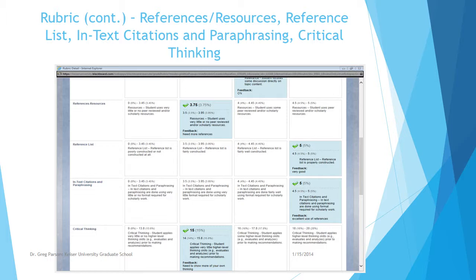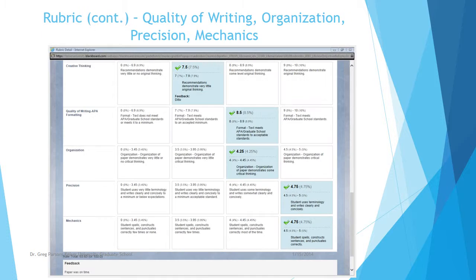Going on, we also look at the references and resources being used, the reference list, how it's constructed, your use of in-text citations and paraphrasing, the exhibited critical thinking, creative thinking, quality of writing, organization, precision, and mechanics.